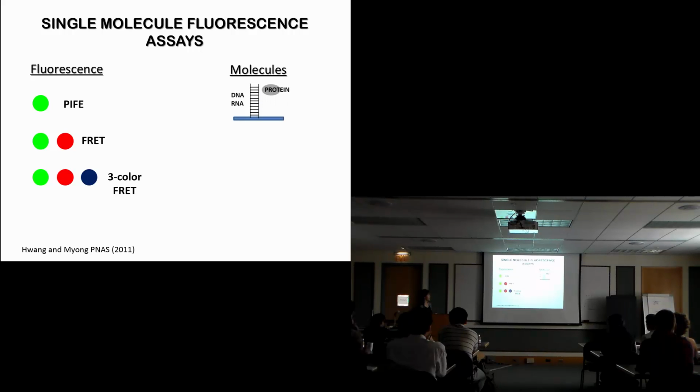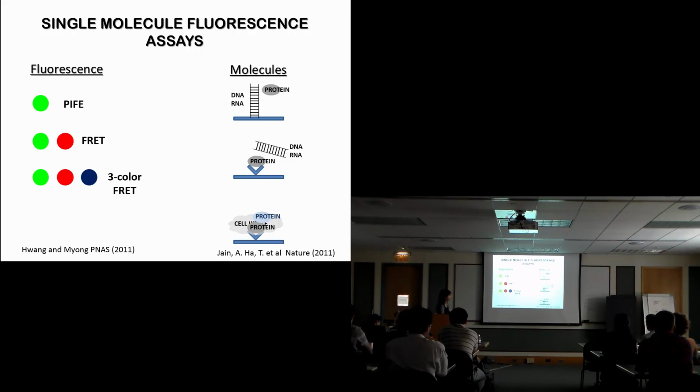In terms of arranging the molecules, a lot of times we immobilize substrates such as DNA or RNA onto a surface and add protein or any interacting molecules to study the interaction between the two. Vice versa, we can also immobilize protein and then add substrate to study interactions between the two. And there's a new technique, it's not new anymore, but a newly developed technique called single molecule pull down, which allows you to pull down molecules of your interest directly from cell lysate.